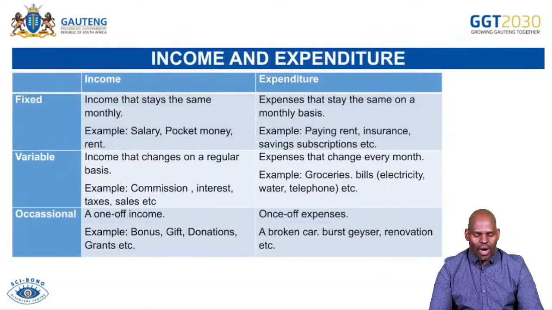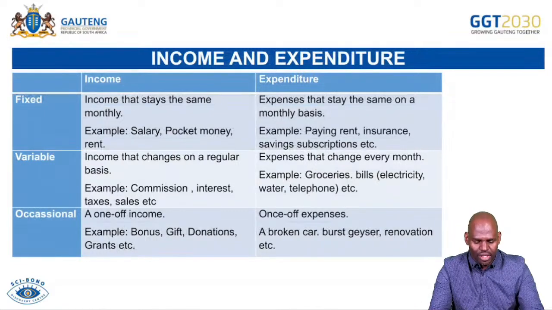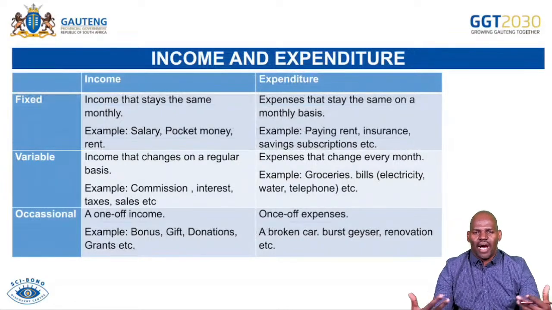Okay, now with regard to income and expenditure, if you are running a business, you're always going to have an income and expenditure. You're going to receive money from any items that you sell.